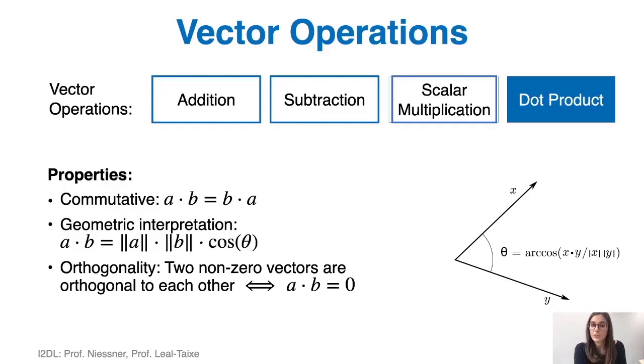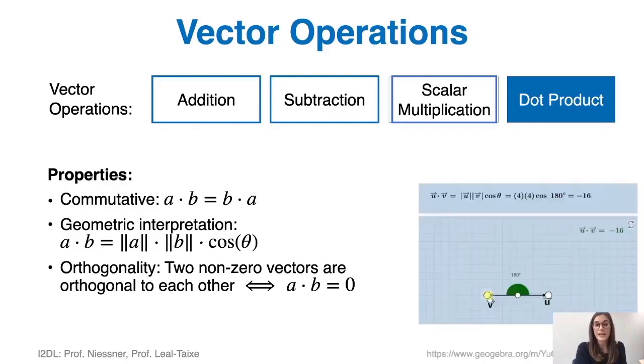So if I know the dot product is 0, I can conclude that they are orthogonal to each other, and the other way around. So this is a nice geometric interpretation of the dot product. And on the next slide, I included a figure where you can nicely see this interpretation with the angle between two vectors.